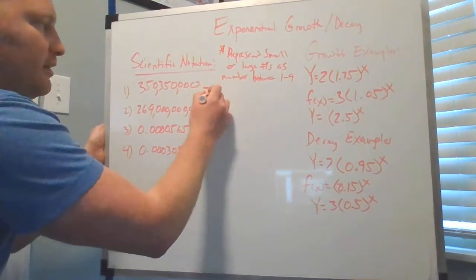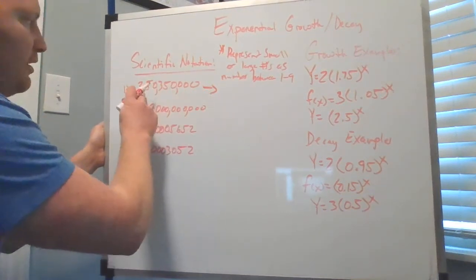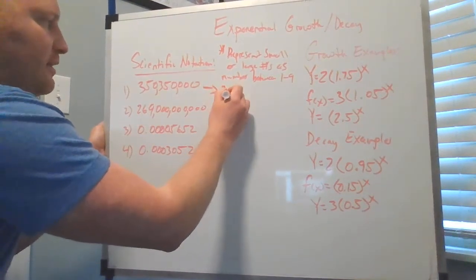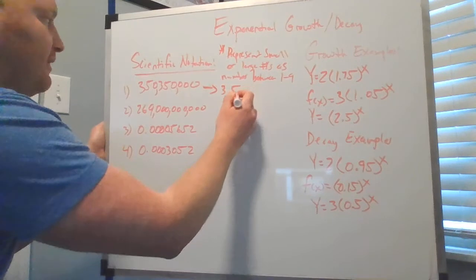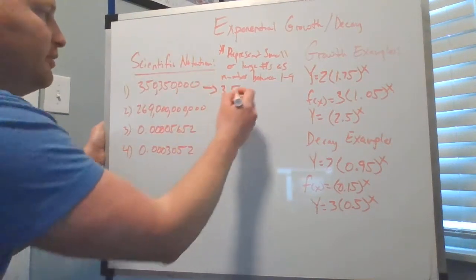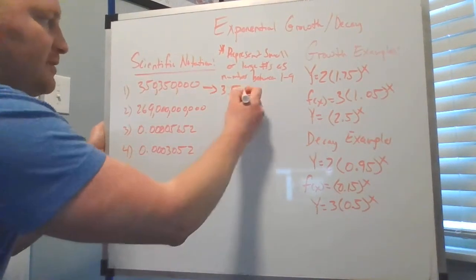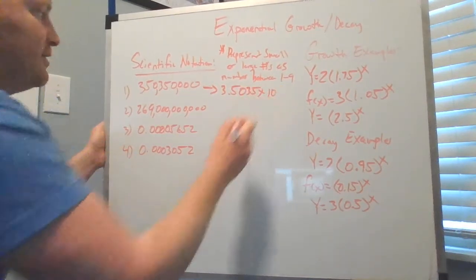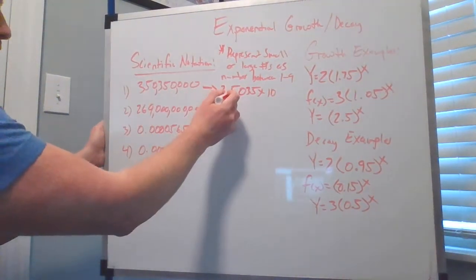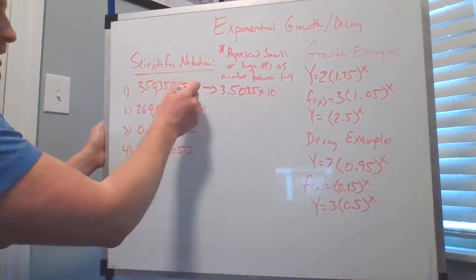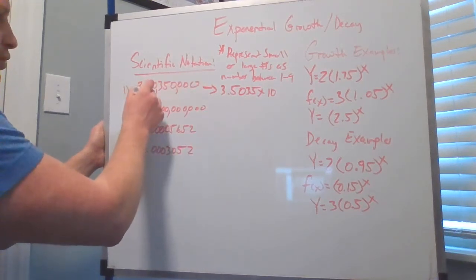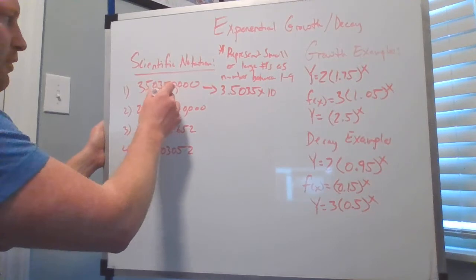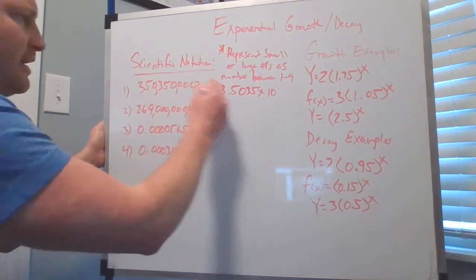So here's how you do it. I'm going to put my decimal point right here between my 3 and my 5. So this is 3.5, and you have to include all non-zero numbers. So this 0 stays because it's a placeholder. 3.5 times 10 to the, if it's right here, how many times did I move it to get back over here? Just count. 1, 2, 3, 4, 5, 6, 7, 8.